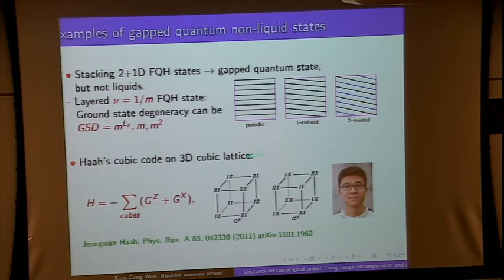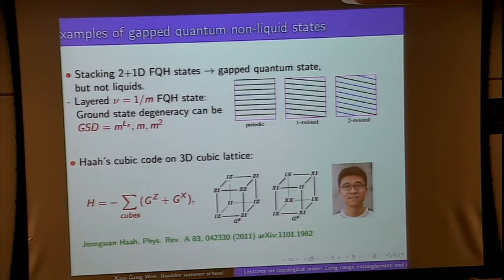So there's one more novel non-liquid state. This is the cubic code. In the Haah cubic code, basically, on a cubic lattice, on every site we have 2 spin-1/2s. And they have 2 terms, the G_z and G_x terms.